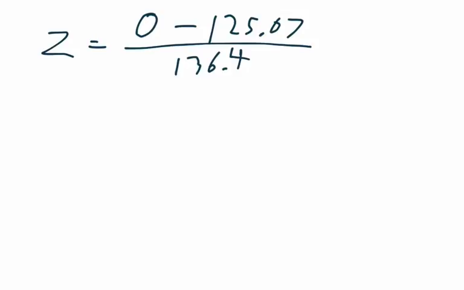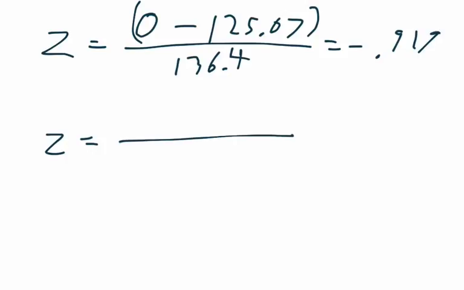Make sure that you put these in parentheses. And you get the answer of negative 0.919. That makes sense that this is negative because 0 was below the mean.